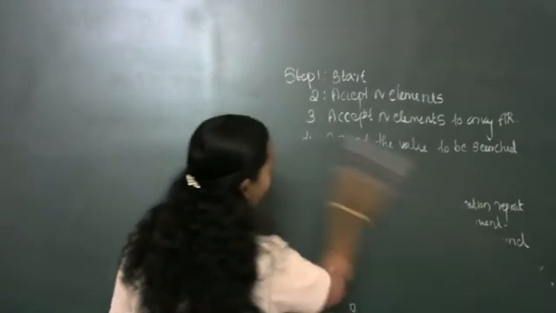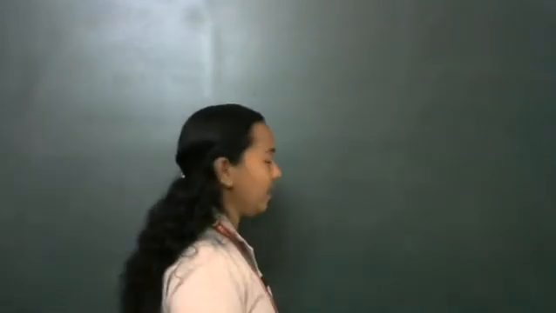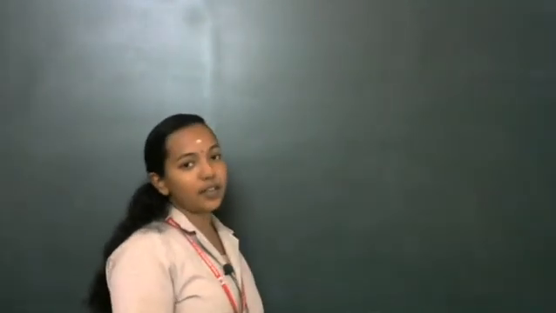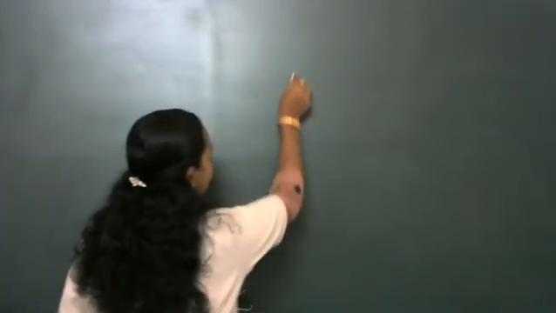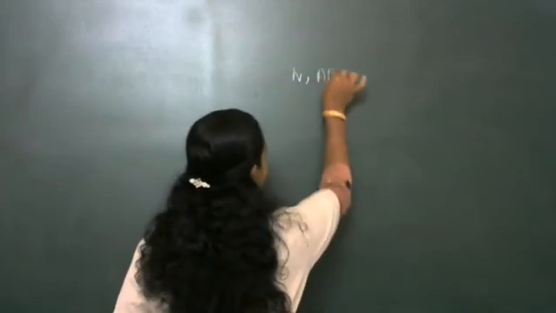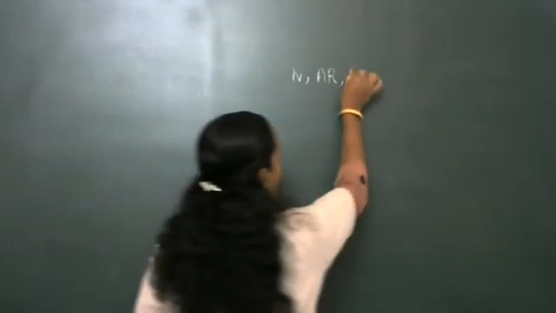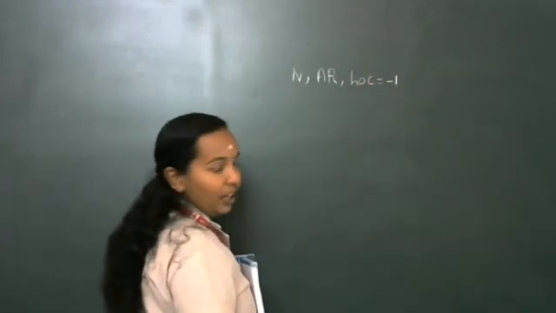Program for linear search. Let us assume an array AR is already present in a C++ program, and we are going to search for an item. Some of the variables we already discussed. Let us assume the array size is n, the array name is AR, then we require LOC equal to -1, which we already know.